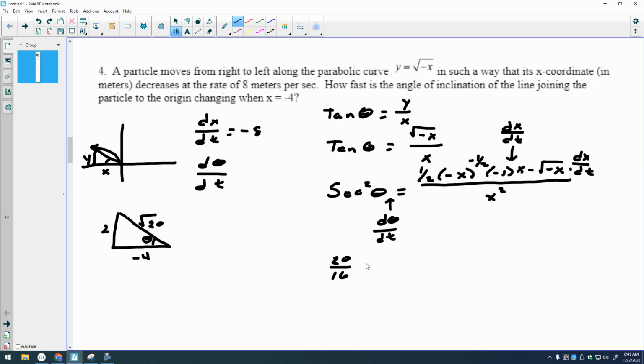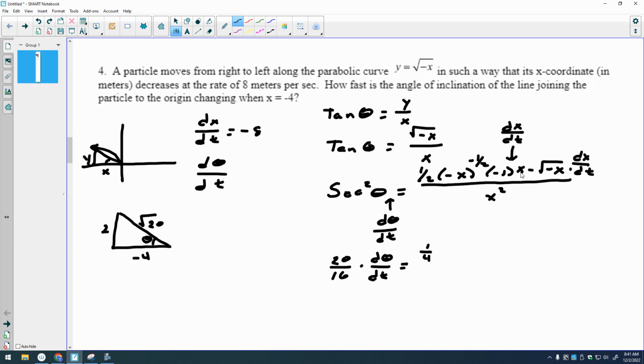And d theta/dt is what I want, so I'm going to leave that in there. Okay. Right-hand side. I get 1/2. Plug in negative 4 here. It becomes a positive 4. 1 over the square root of 4 is 1 over 2. So 1/2 times 1/2 is 1/4.